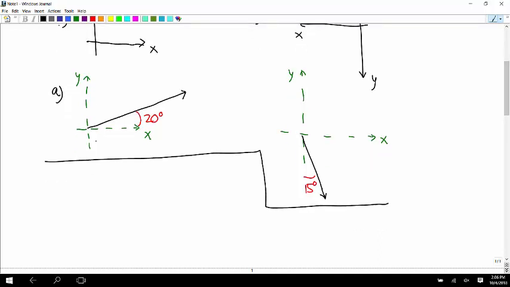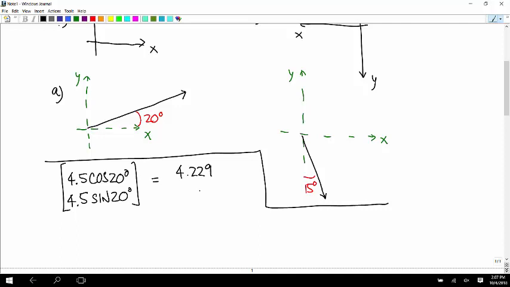So to calculate the x component of the first, that's the length of that vector, 4.5, times the cosine of 20 degrees. And then the y component is 4.5 times the sine of 20 degrees. Could someone punch those? Okay, so this should be 4.229, 1.539.